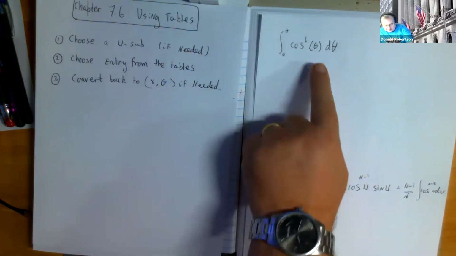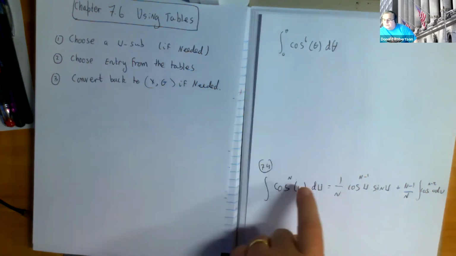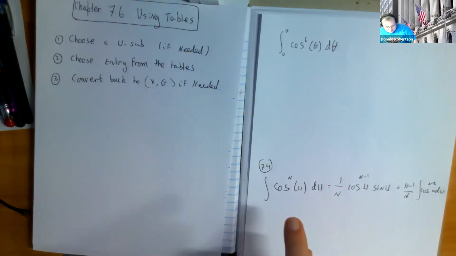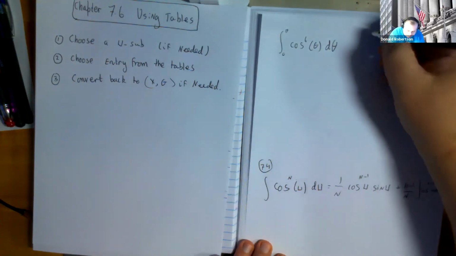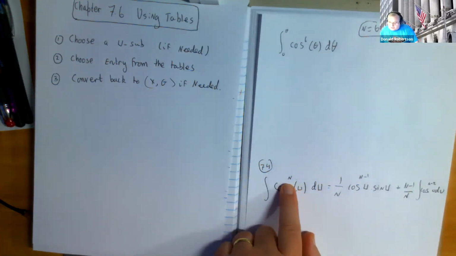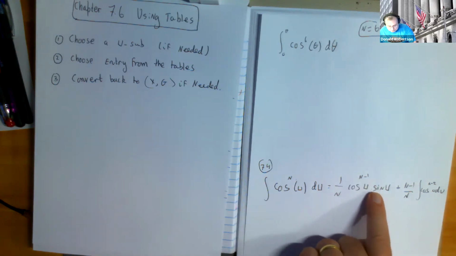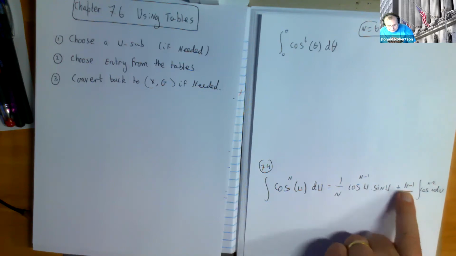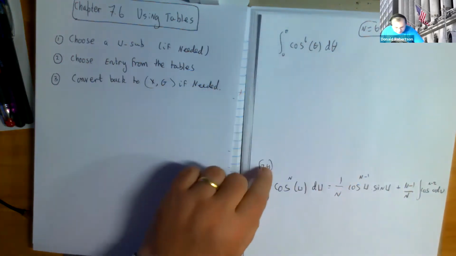First bit's easy. Can't I just call theta u? Right, so every u is a theta, right? Now, if that is 6, that means n is 6, right? So every n that you see here is 6. And every u that you see will be theta. So what do we get?